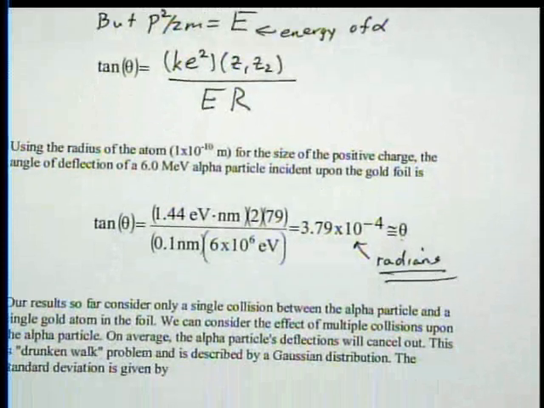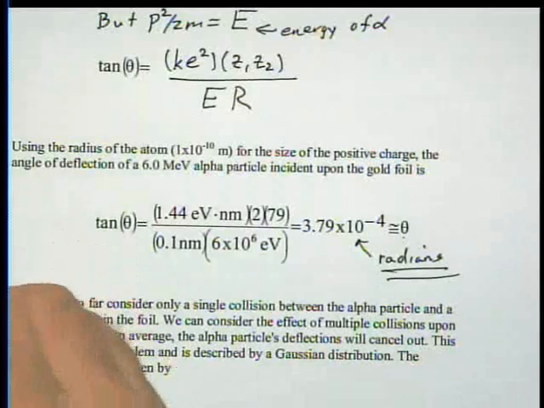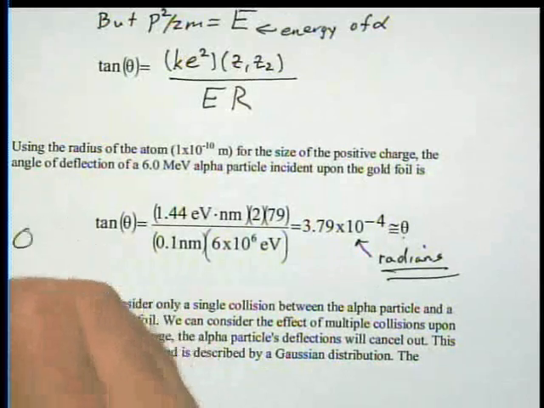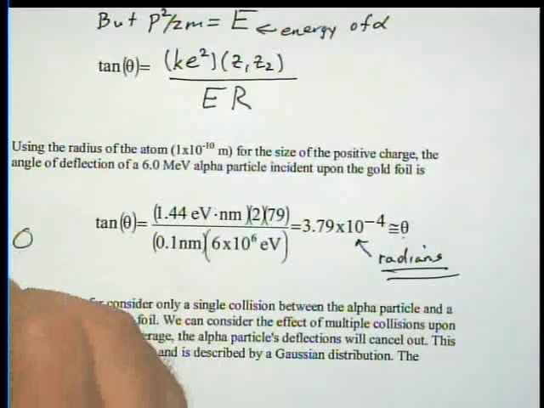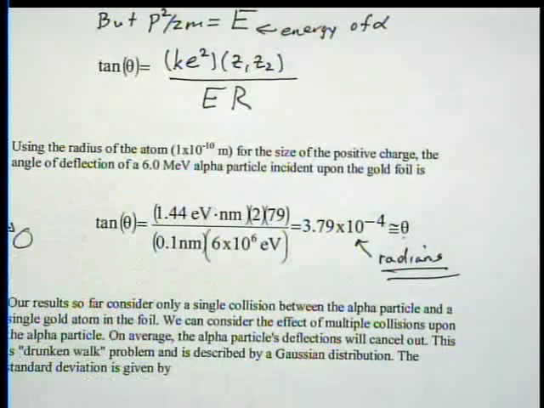Now, you may object to the fact that I'm assuming only one collision. And that's a good point. The foil is made of many atoms, and so maybe it'll go through many collisions. But here's the thing. Sometimes it might come through and get deflected up, but it also might get deflected down with equal probability.